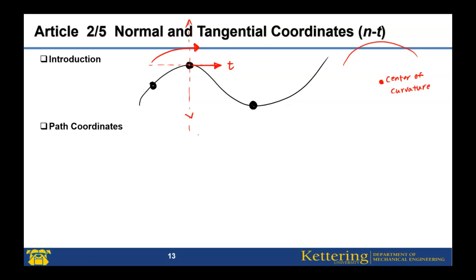Then, if this is the center of the curvature, for this portion of the curve, the normal axis will be along this line, and it is positive toward the center of the curvature.